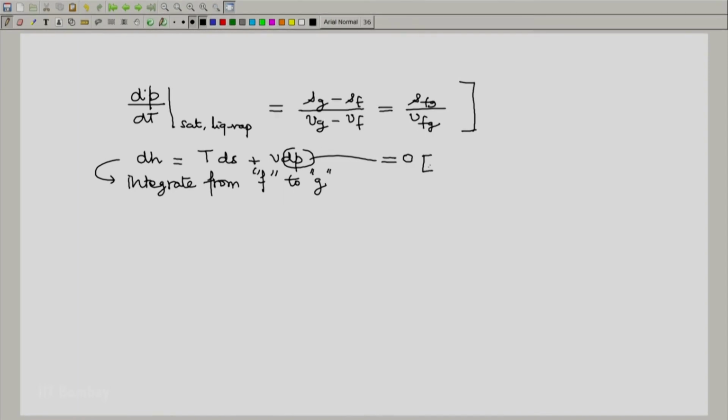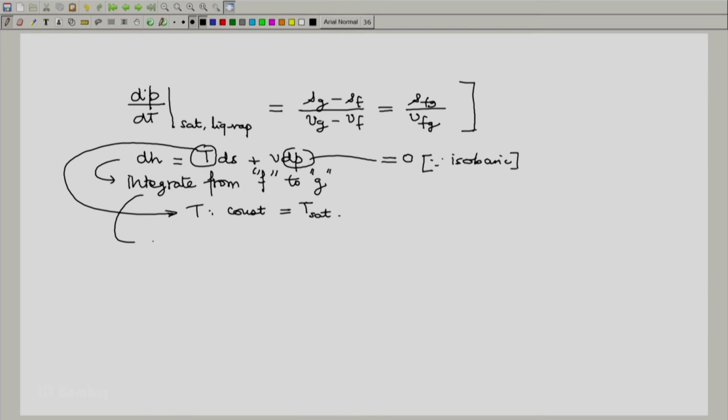Why? Because it is an isobaric process that we are looking at. And what about T? T will be constant and will equal the corresponding saturation temperature. Hence, integration of this will give us Hg minus Hf equal to Tsat into Sg minus Sf.